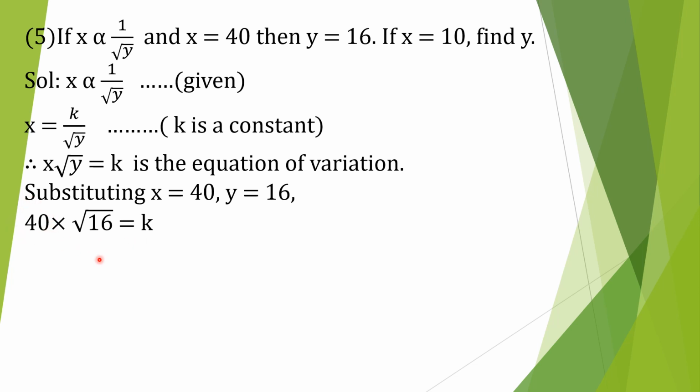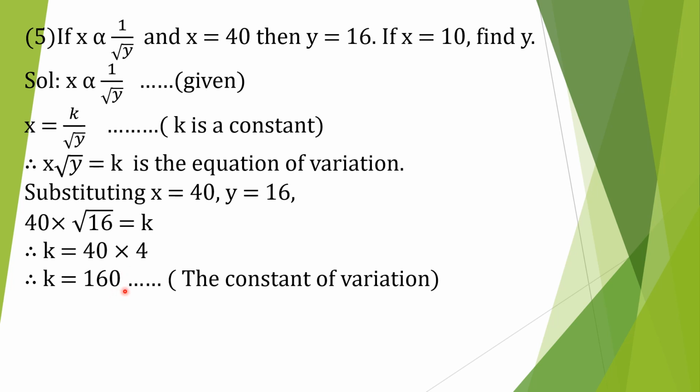Under root of 16 is what, students? 4. So the value 4 will come out. So therefore k equal to 40 into 4. So you'll multiply this 40 into 4, that is you'll get 160. So you'll get the value of k equal to 160, the constant of variation.